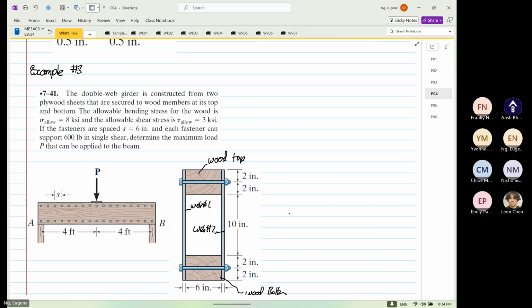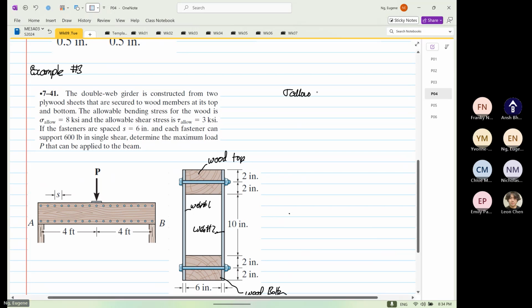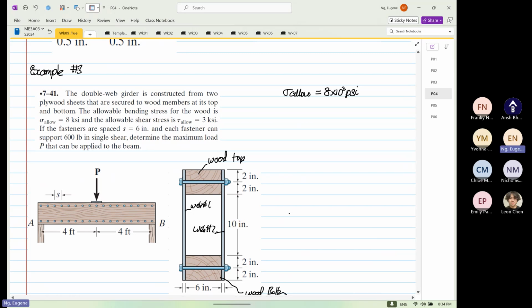So the normal stress allowable is equal to 8 times 10 to the power 3 PSI. Given to us. And if you look at this, they deliberately highlight bending stress.